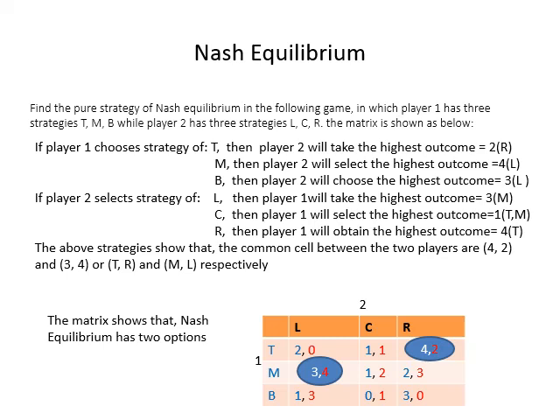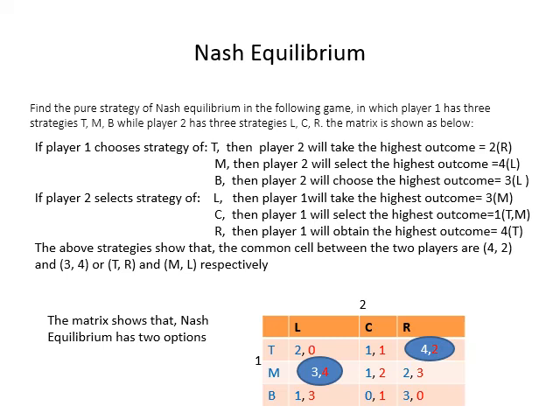Then player 2 will look for the highest outcome in this row. The highest outcome for player 2 is 4. It is under the L column.